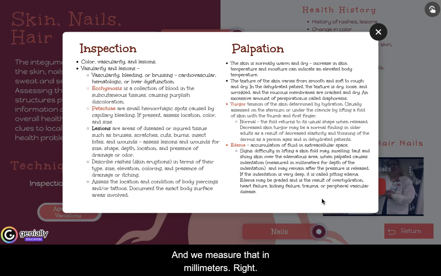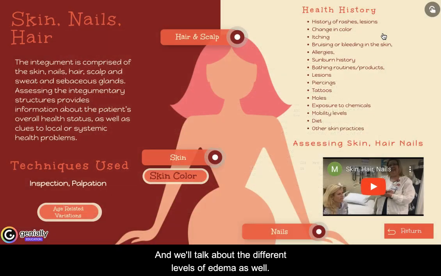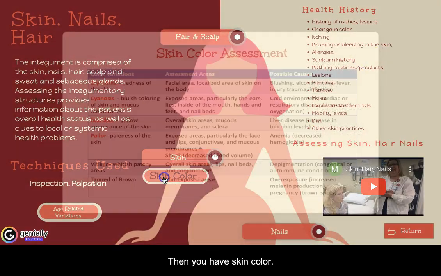And we measure that in millimeters, right? And we press it, and if it stays dented, then that's considered pitting edema. If it's not, then it's non-pitting. Edema can be graded like +1, +2, +3, and we'll talk about the different levels of edema as well. Then you have skin color.